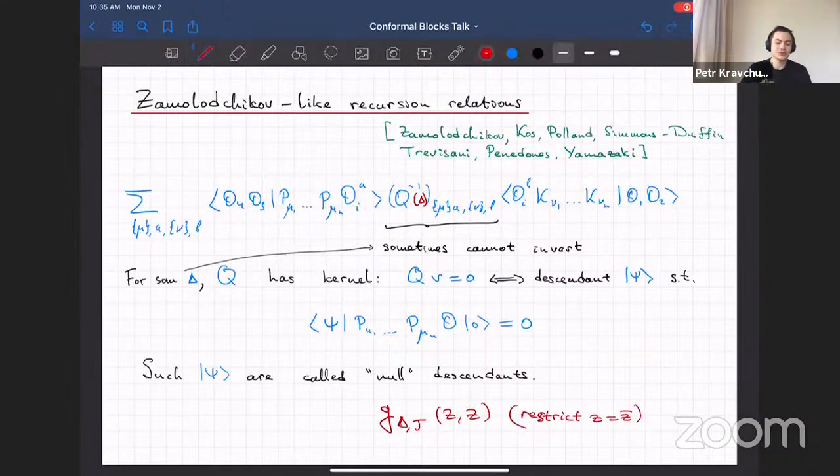So you restrict to z equals z bar, and you now have a function of one variable. Since the quadratic Casimir equation has independent derivatives in z and z bar, you cannot say anything about this function directly from that equation. But by combining it with the quartic Casimir, you can get rid of the derivatives transverse to the z equals z bar line, and just get an equation for this thing.